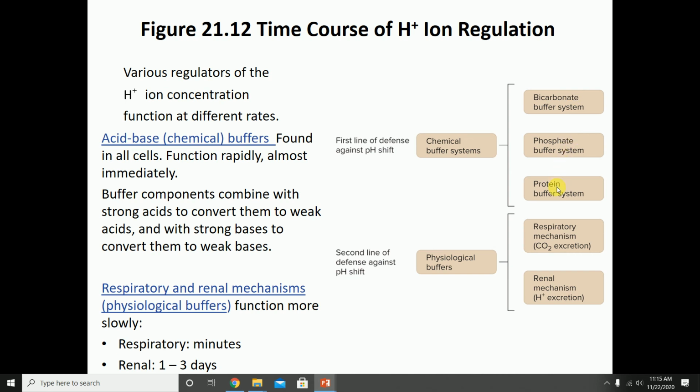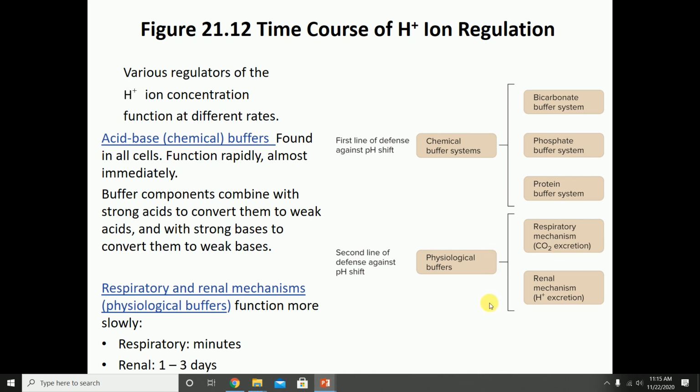What those systems basically do is either take a hydrogen ion or take a hydroxyl group to make sure that we're converting these strong acids or strong alkalis into weaker acids or weaker bases. And even if we haven't fully neutralized that strong acid, at least these chemical buffers are able to change it from a strong acid to a weaker acid.